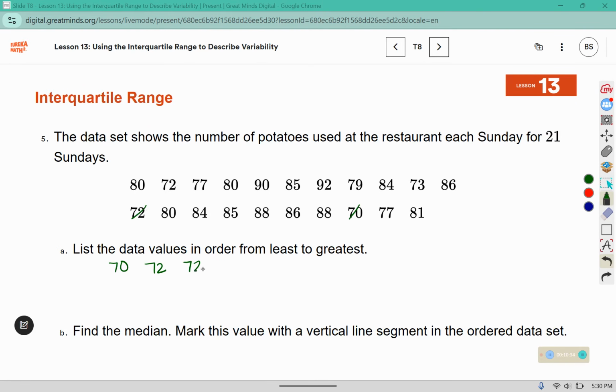And another 72. There's a 73. Two 77s. A 79. 1, 2, 3 80s.